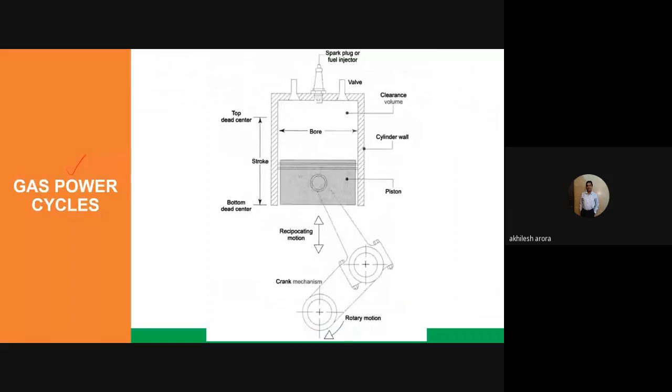The diagram you can see here relates to a four-stroke petrol or diesel engine. This is the piston, a reciprocating part of the internal combustion engine.